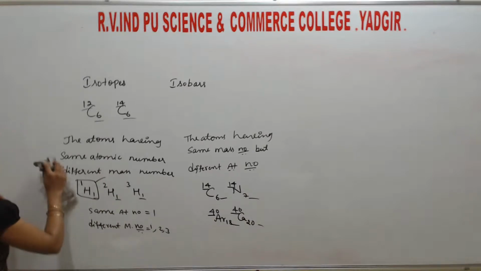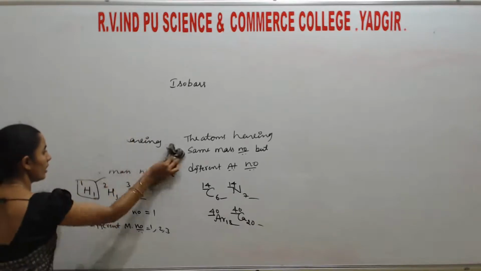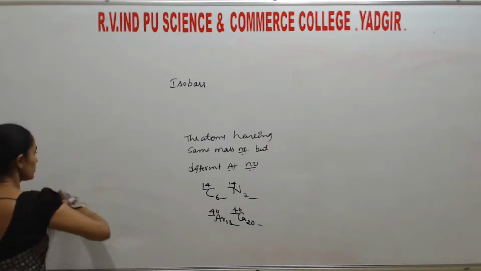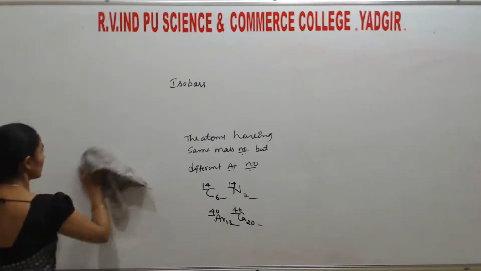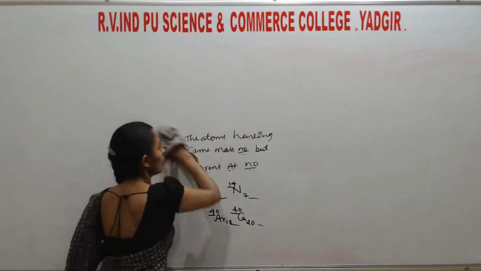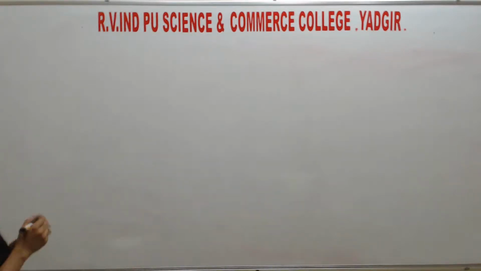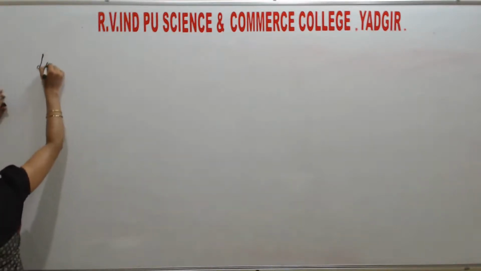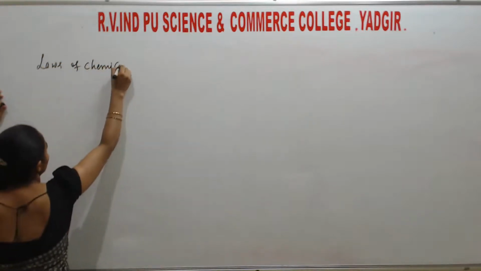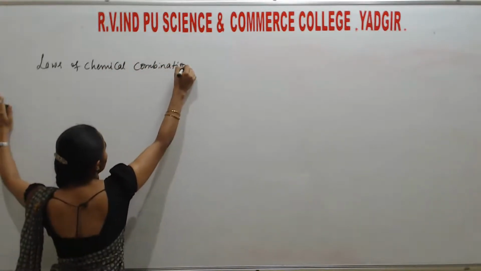Okay, so isotopes and isobars are based on what? Based on the atomic number and the mass number. Okay, students. So the next topic for you is chemical combinations. Three laws are there, the laws of chemical combination.